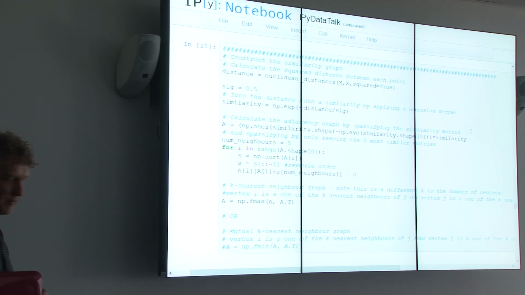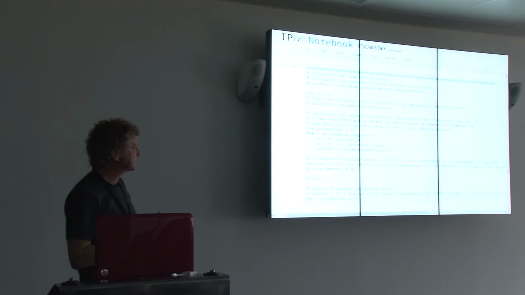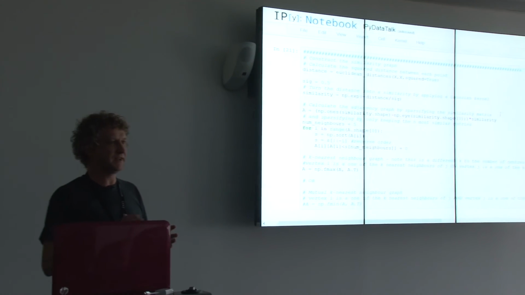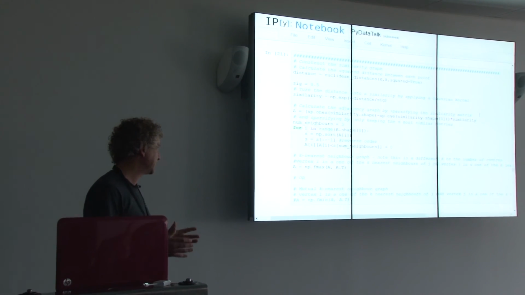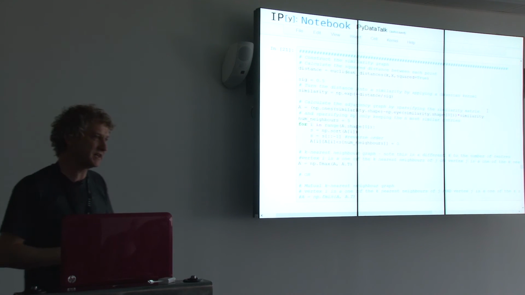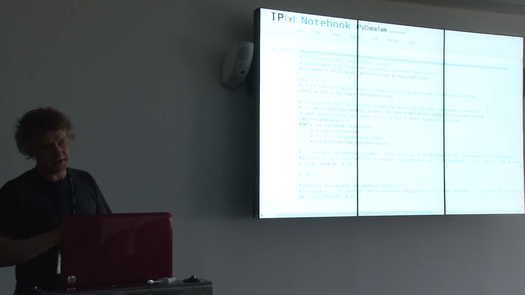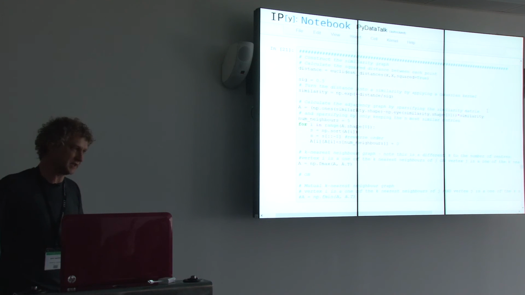You can do that in a number of different ways. You can keep the links that are within the set of the k nearest neighbours. So you might say the 10 most similar data points I will keep my connections to, and all the other ones I'll say it's actually a zero connection.